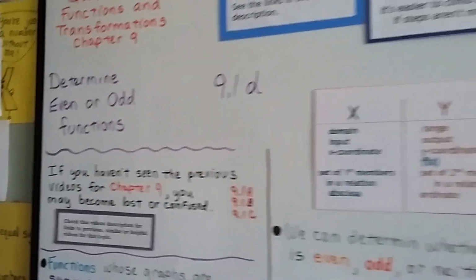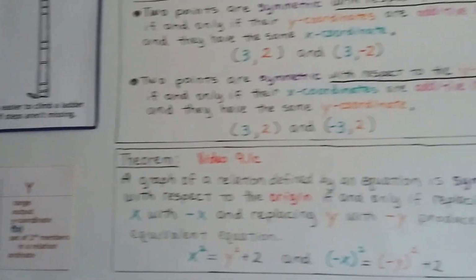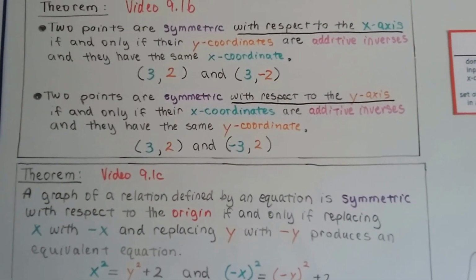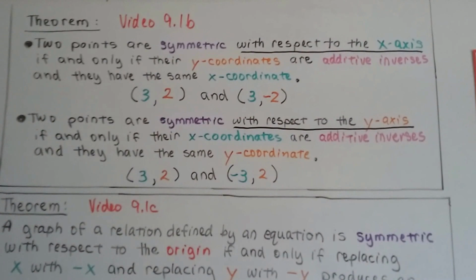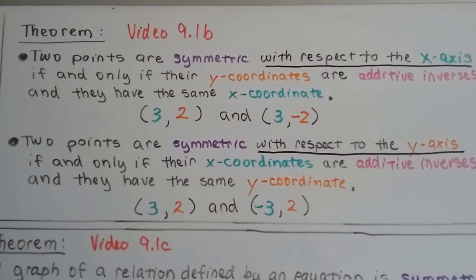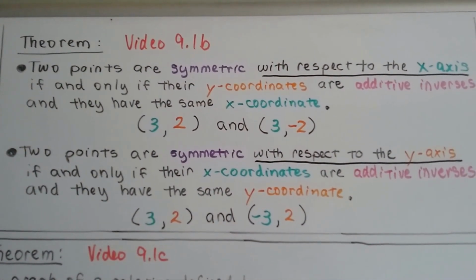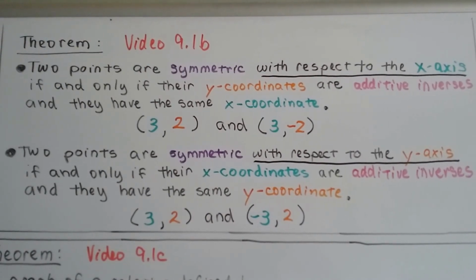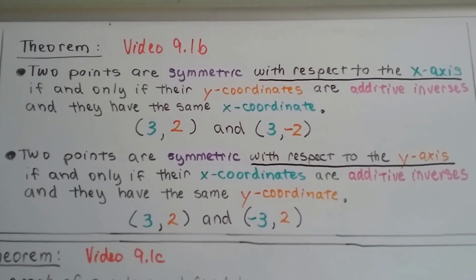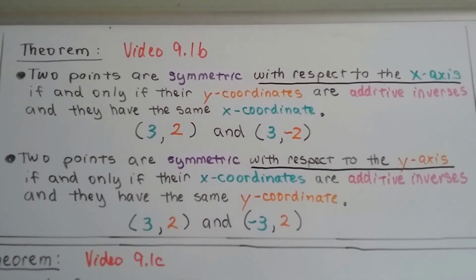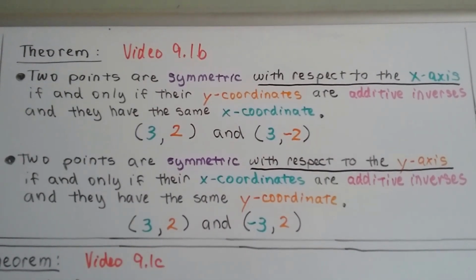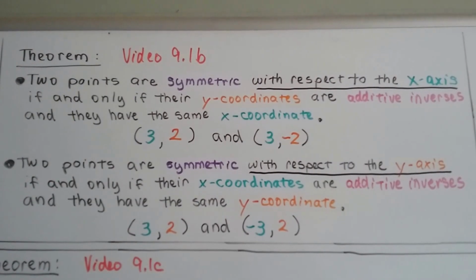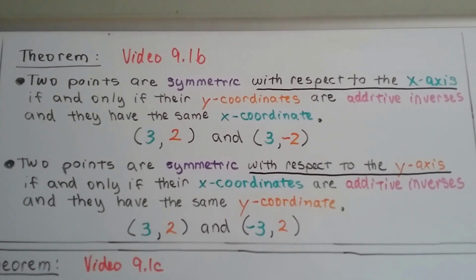So in 9.1b and 9.1c, we talked about these 2 theorems, okay? In 9.1b, we talked about 2 points are symmetric with respect to the x-axis if and only if their y-coordinates are additive inverses and they have the same x-coordinate. So we would have the same x-coordinates, 3 and 3, see that?